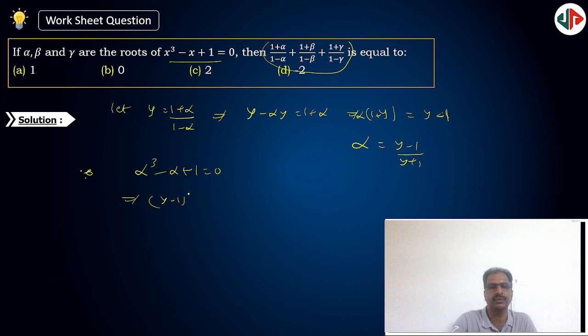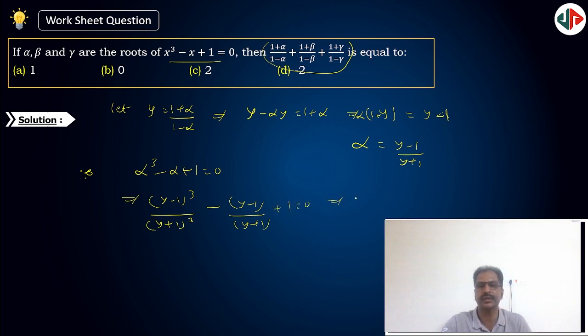So, y minus 1 whole cube by y plus 1 whole cube minus y minus 1 by y plus 1 plus 1 is equal to 0. Take LCM. After taking LCM, you get y minus 1 whole cube minus y minus 1 into y plus 1 whole square plus y plus 1 whole cube is equal to 0.